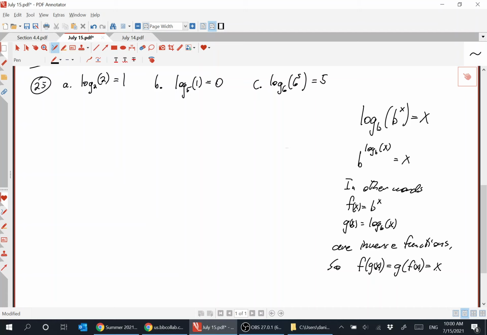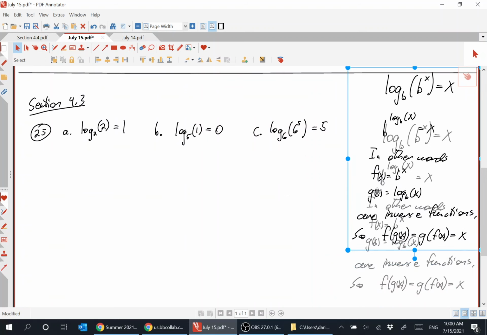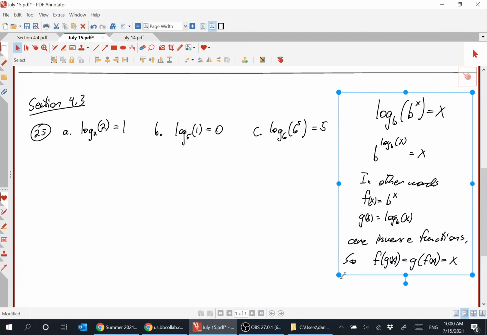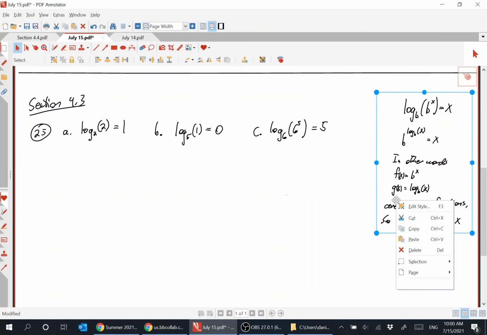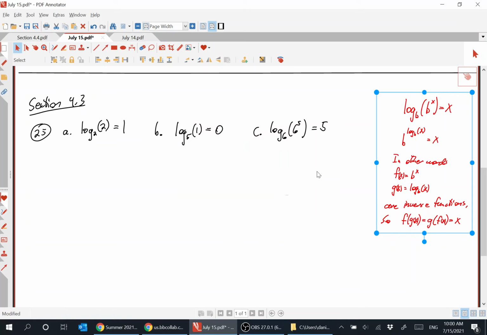These properties of logarithmic functions are going to become important. So that's 25.